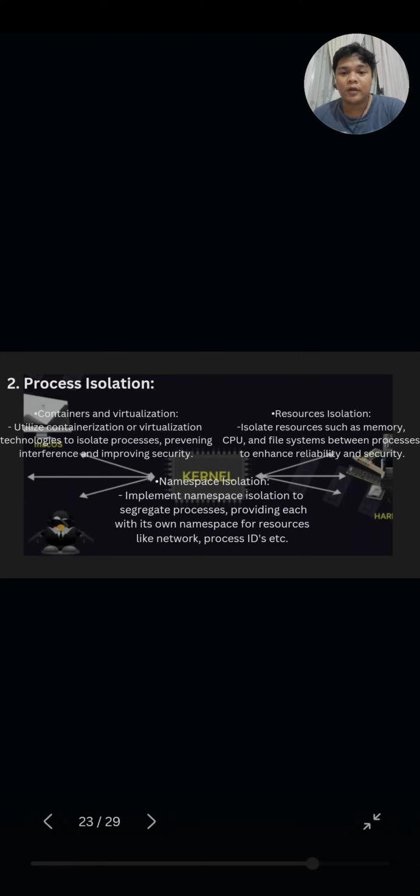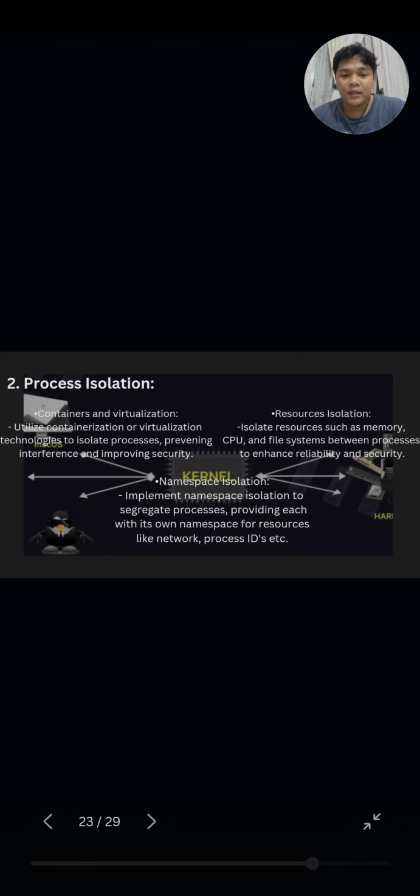Process isolation, containers and virtualization. Utilize containerization or virtualization technologies to isolate processes, preventing interference and improving security. Resource isolation.